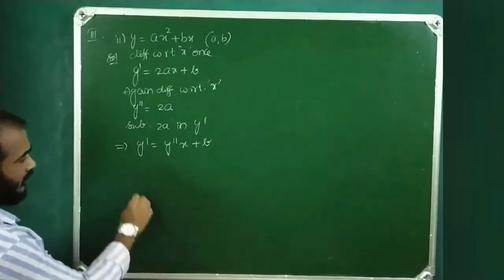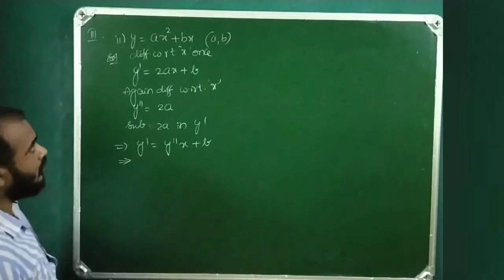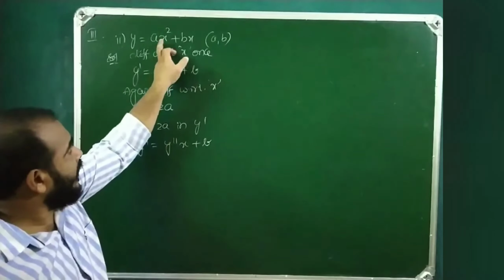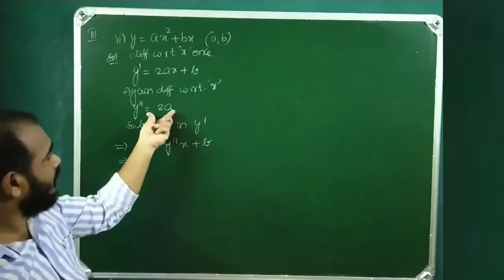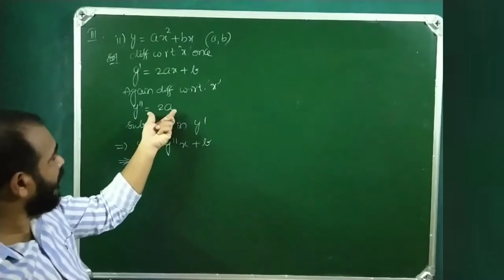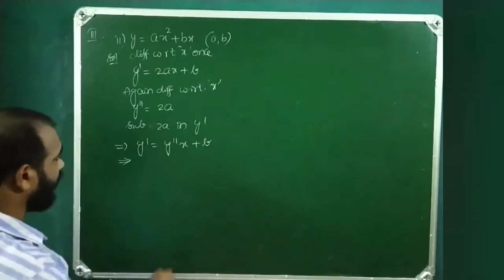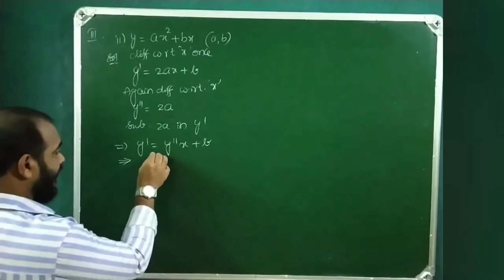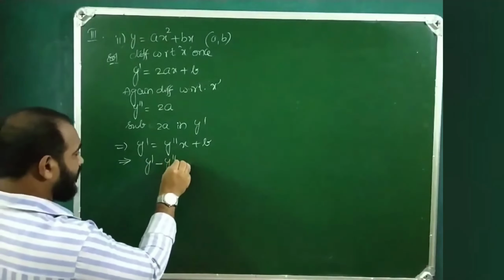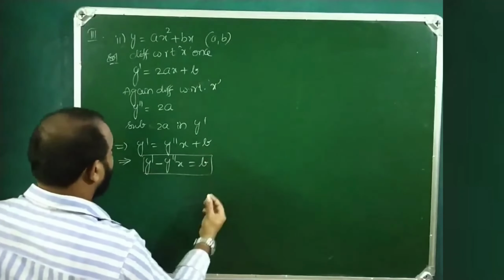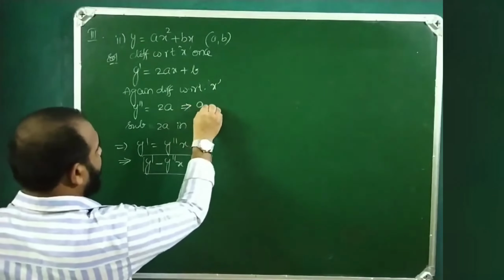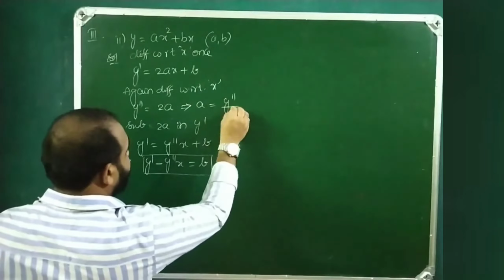Because a and b are the arbitrary constants, we need to find a and b here. So y' minus y'' x is equal to b. This is b, and from this a is equal to y''/2.